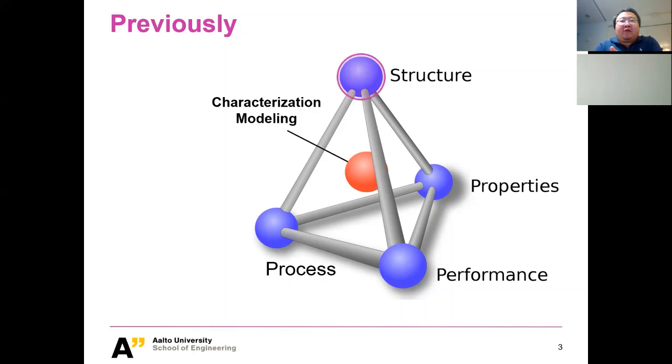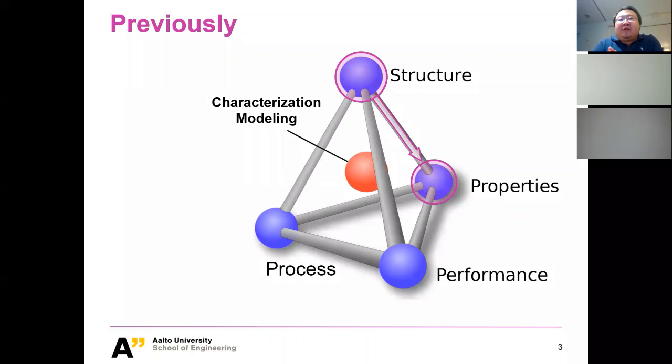We started with the structure. That is our first week topic. With the structure, we were mainly talking about the connection between structure and property, because the properties are decided by structure. The structure here is a term across several length scales. It's not just structure as you see with your eyes.